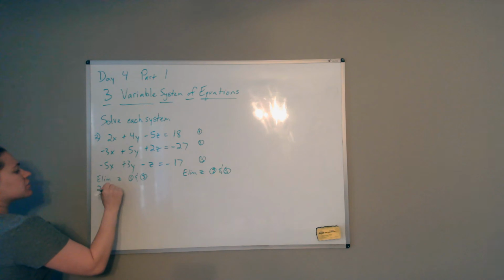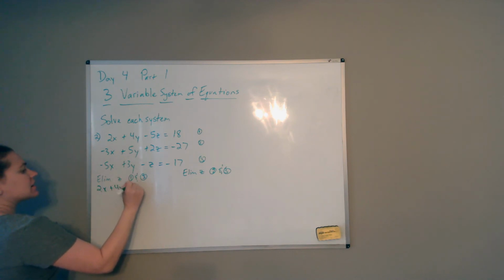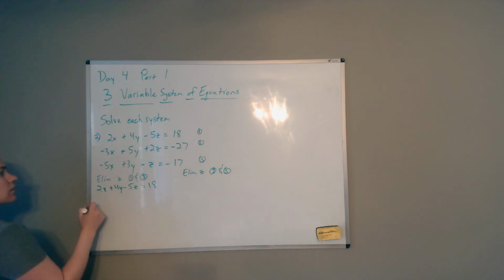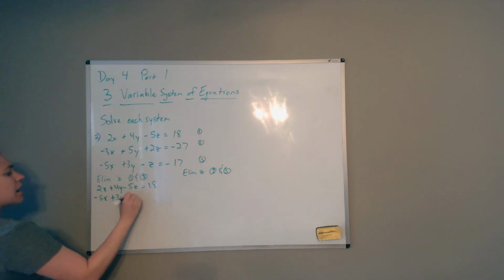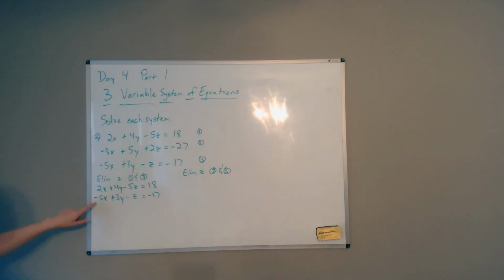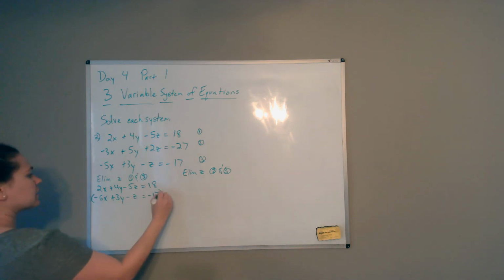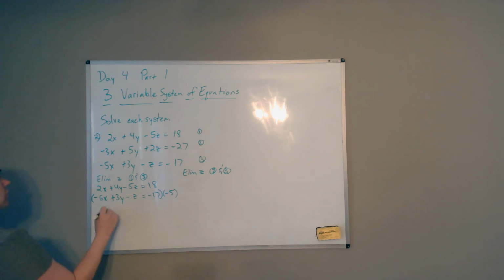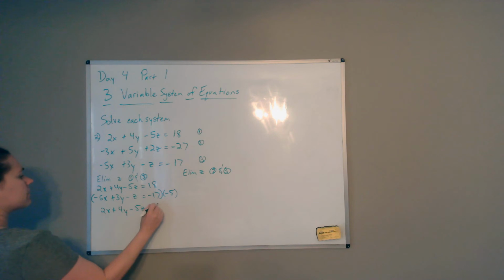So 2x plus 4y minus 5z equals 18. And negative 5x plus 3y minus z equals negative 17. And I just need to multiply the bottom equation here by negative 5. And so I'm just going to rewrite the first equation. 2x plus 4y minus 5z equals 18.